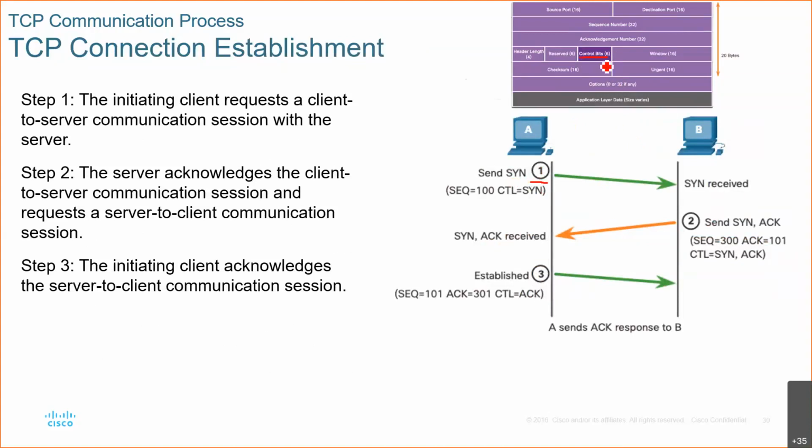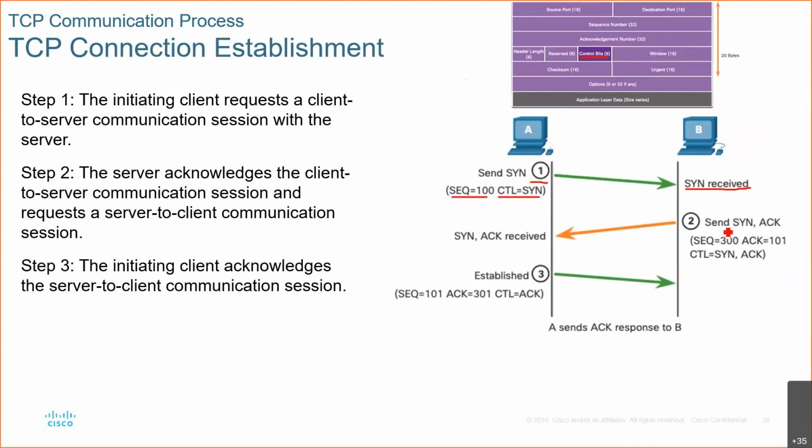There are 6 flags. So the first thing is, let's say it wants to establish a connection. It sends a SYN to synchronize. So you see here, sequence is 100, CTL is equal to SYN. It will be sent, and let's say the SYN is received by the destination.